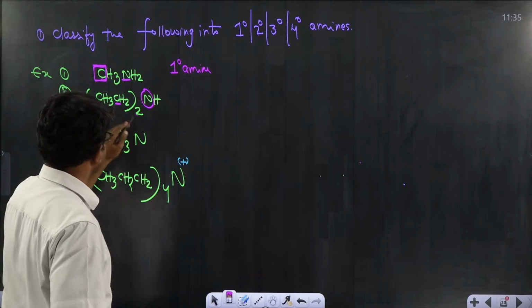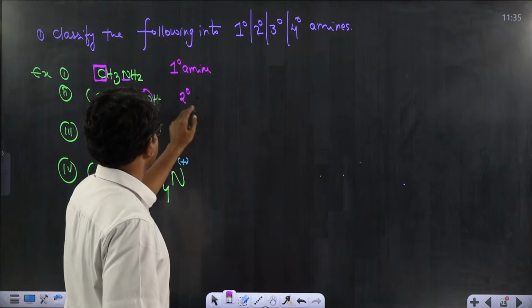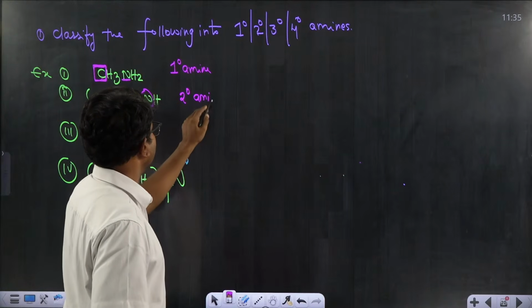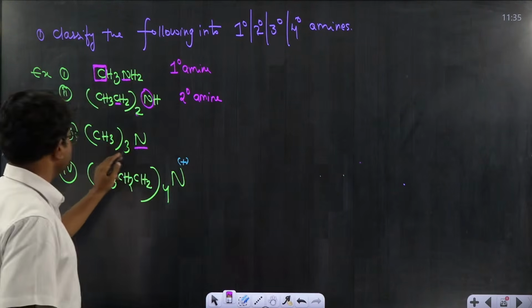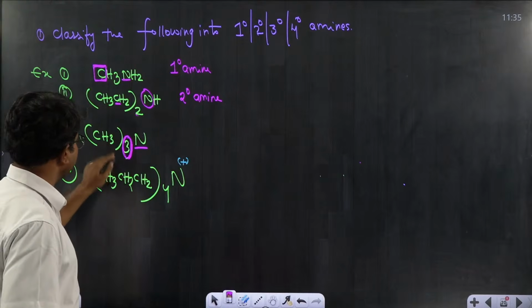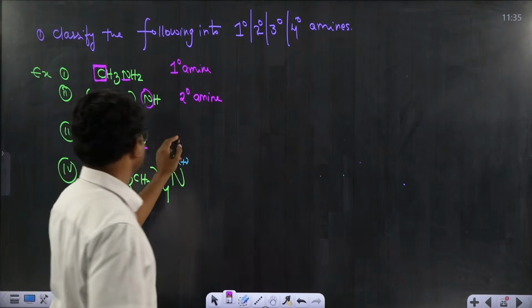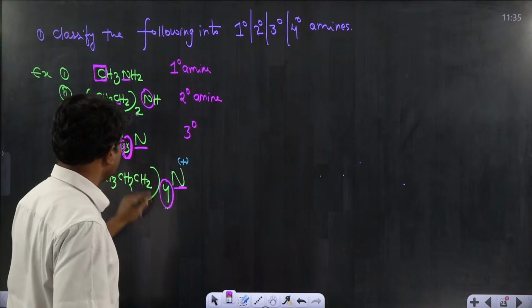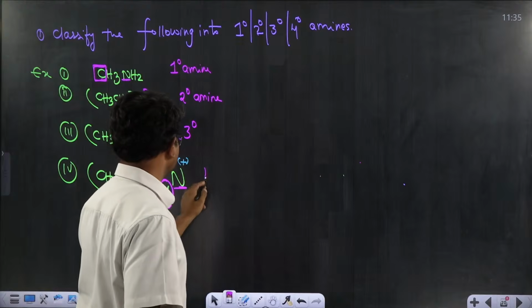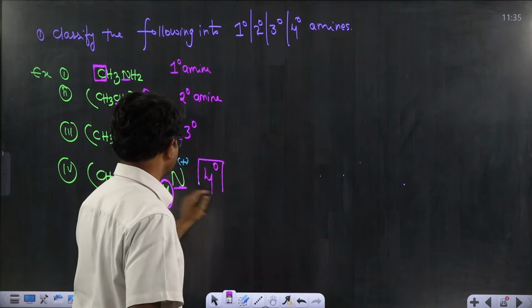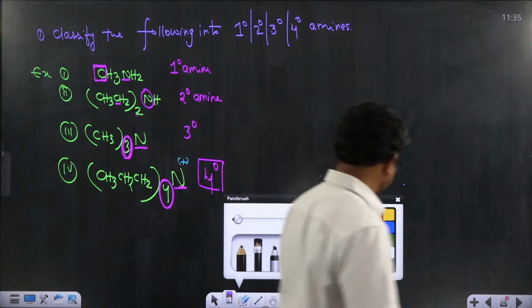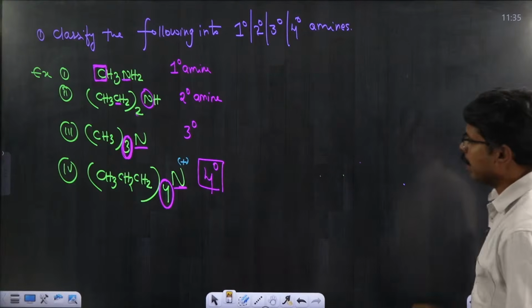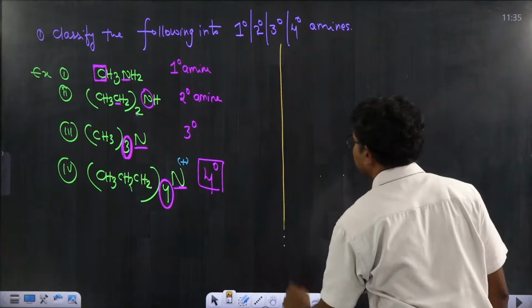Here, the number of carbons is 2. Therefore, it is the secondary amine. Here, nitrogen is directly in contact with how many carbons? This is going to be a tertiary amine. And here, nitrogen is directly in contact with how many carbons? 4 carbons. Hence, this is a quaternary amine. Next, second question.